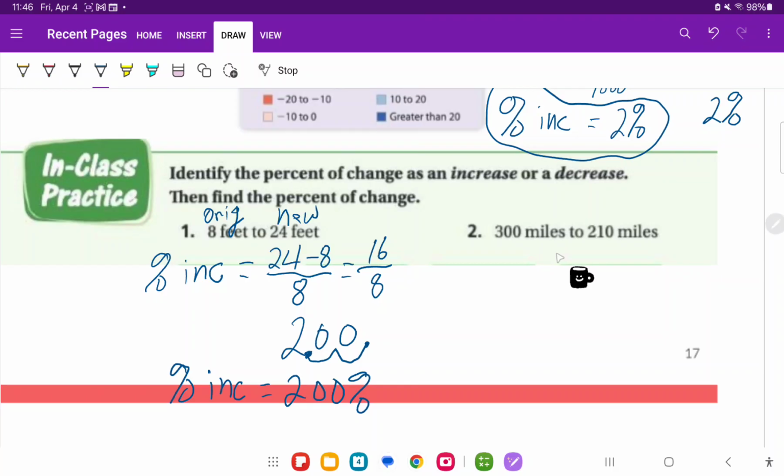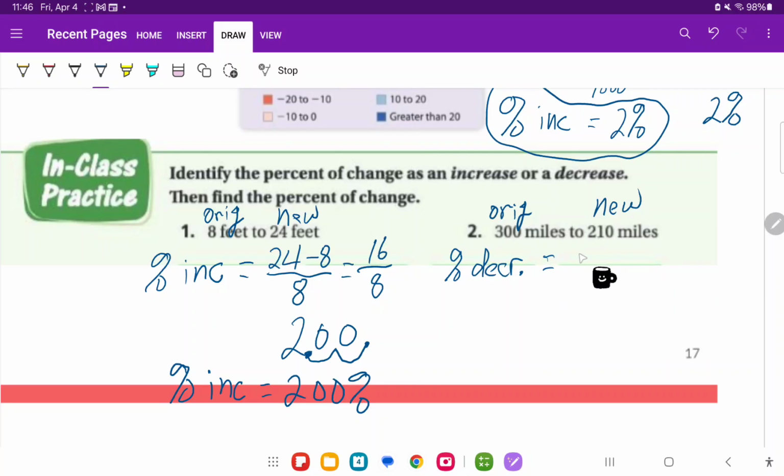Okay, now on number 3, 300 to 210 miles. So this is the original number right here, and then this is the new number. Well, 300 to 210, that's a decrease, right? So that's a percent of decrease.